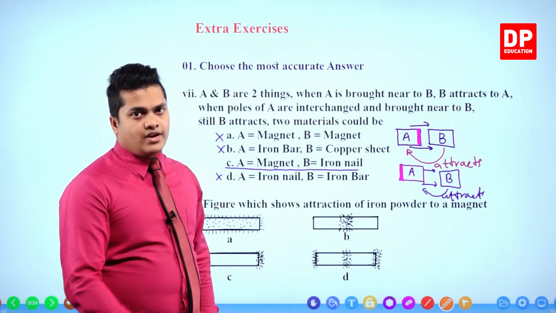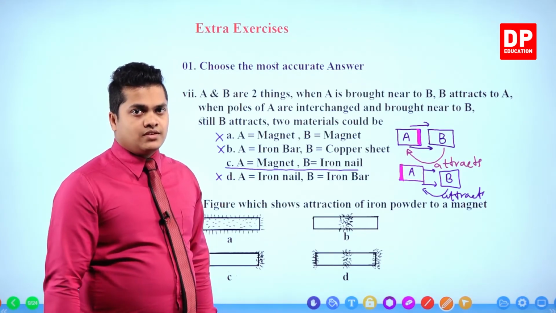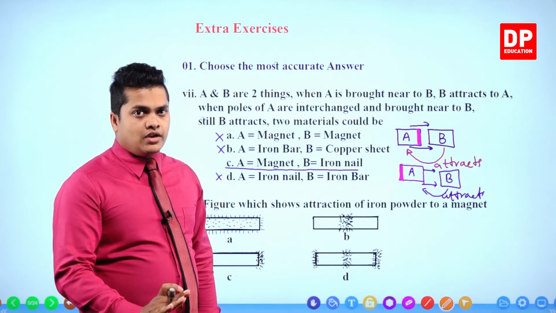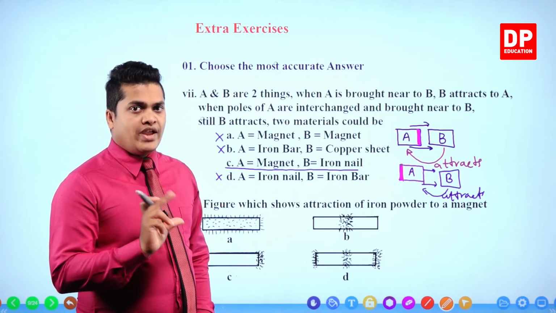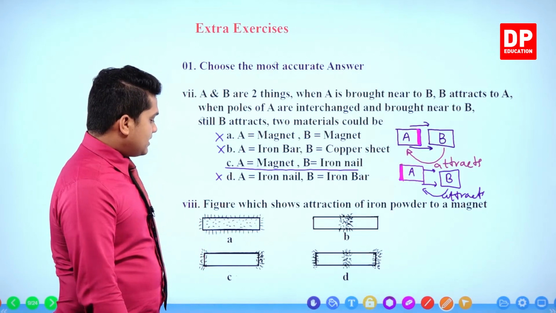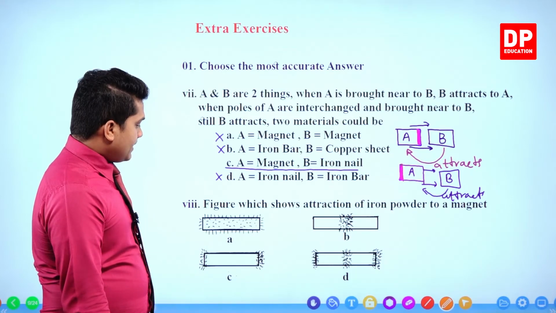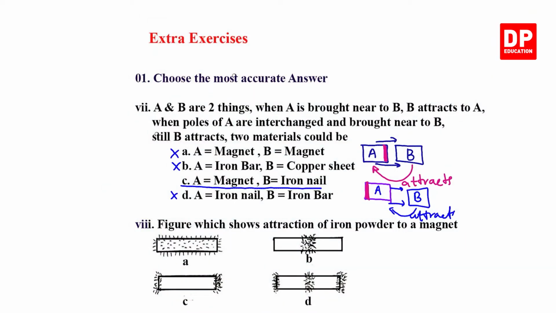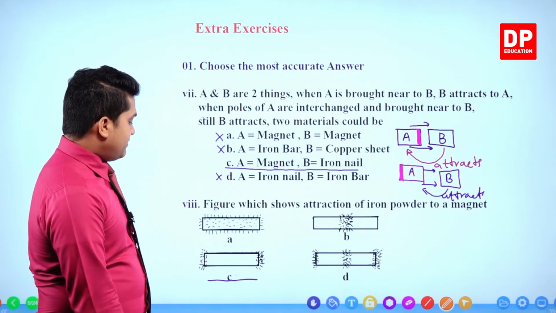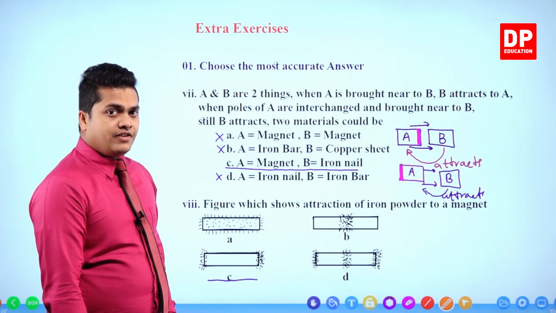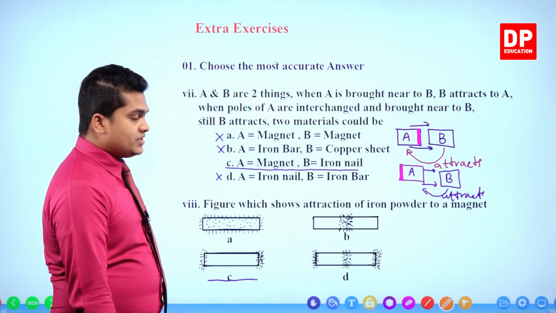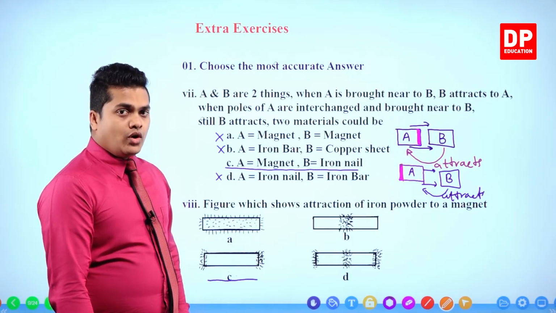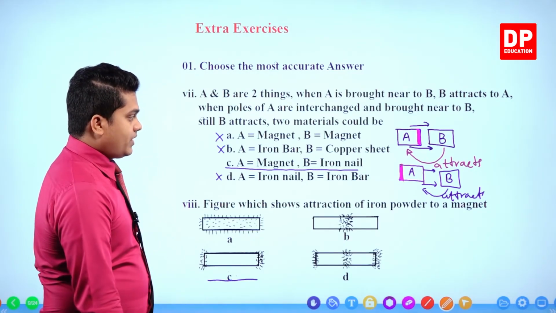So most of the iron powder should be at the two ends, not in the middle, not evenly spread. Select the response which has more iron powder at the two ends. You can observe that C is the one that has that feature. So C is the figure which shows the iron powder on a bar magnet.